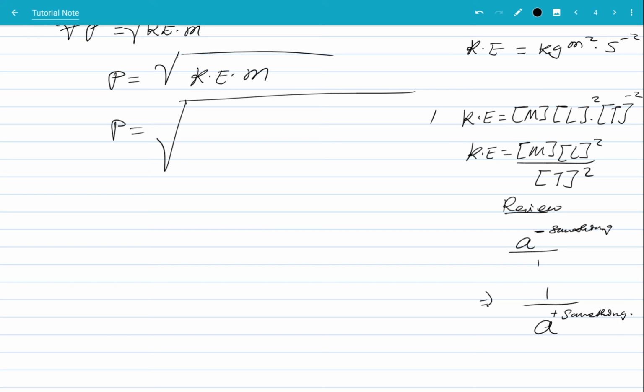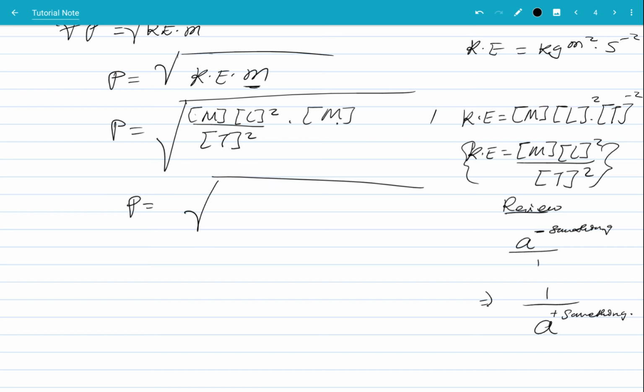Don't forget that. So I'm having these dimensions for kinetic energy, so I'm going to put them here. So I have M, I have L, and I have the time, multiplied by this other guy, the mass. So if I follow it out, momentum is equal to the root of M times M, I have M squared, then L squared, then T squared.